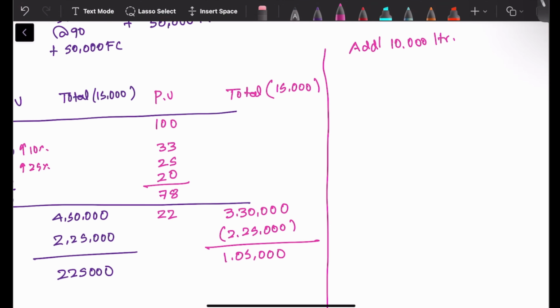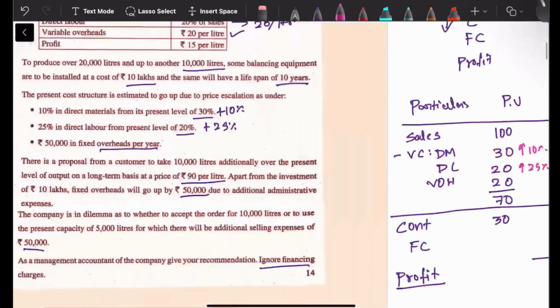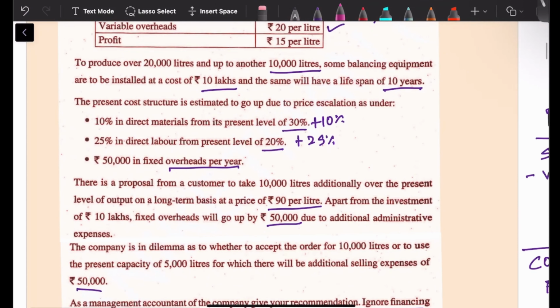So if I go with additional 10,000, what are my impacts? I will read this. To produce over 20,000 liter, some balancing equipment is required, 10 lakh, and it has a lifespan of 10 years. So that means I will have a depreciation, additional fixed cost. So 10 lakh divided by 10 years, it is going to be 1 lakh per year. So this is one additional fixed cost.